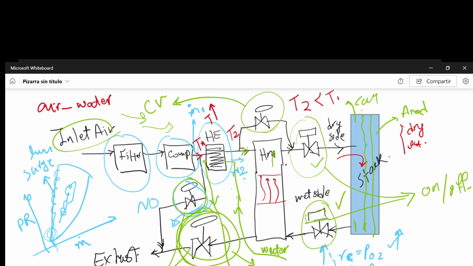The P cathode normally is less than P anode. Normally P anode is around P cathode plus 200 millibar, something in this range. So it's important to maintain the balance between the pressure on the anode side and the cathode side. That's why it's important to have this back pressure control valve.